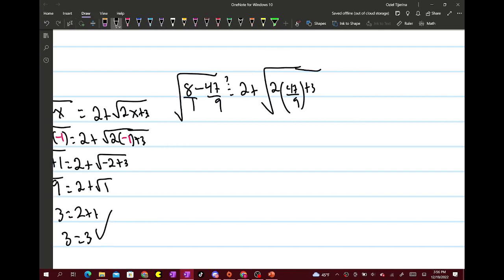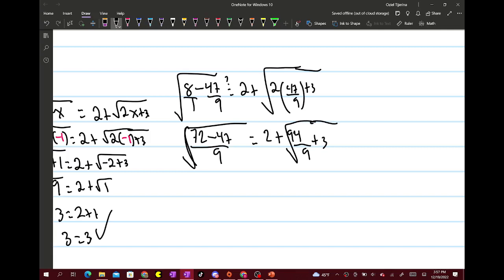So we would do the square root of 72 minus 47 over 9 is equal to 2 plus the square root of 94 over 9 plus 3.